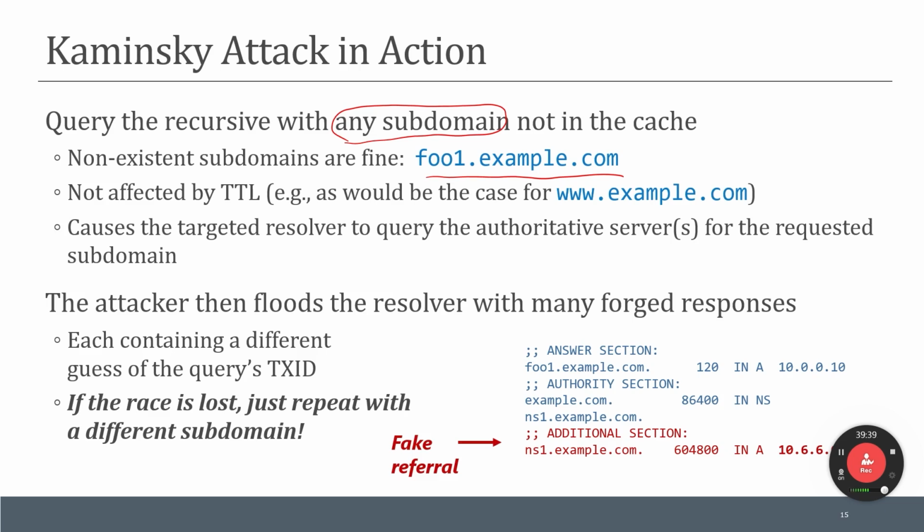And this is not affected by time to live because foo1.example.com is not in the cache. The recursive server always tries to resolve this name, foo1.example.com for example, and it causes the targeted resolver to query the authoritative server for the requested subdomain.